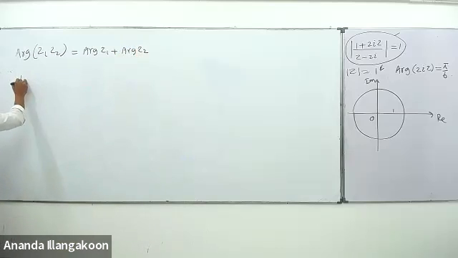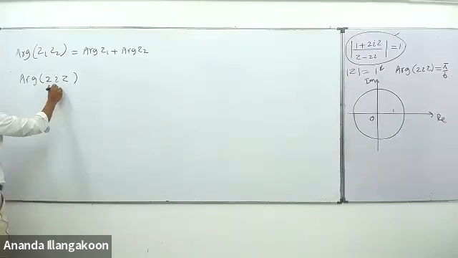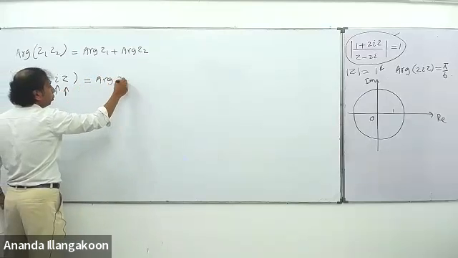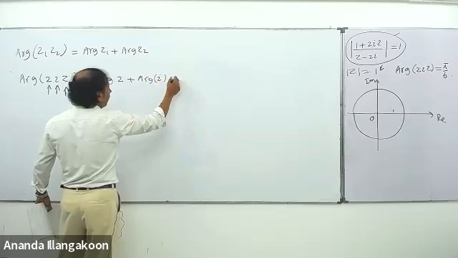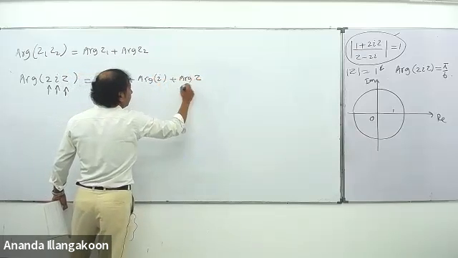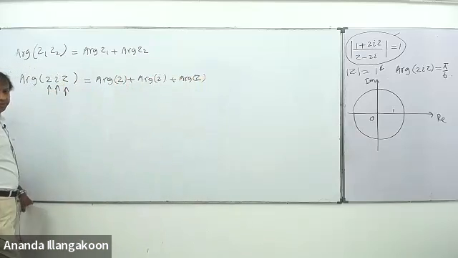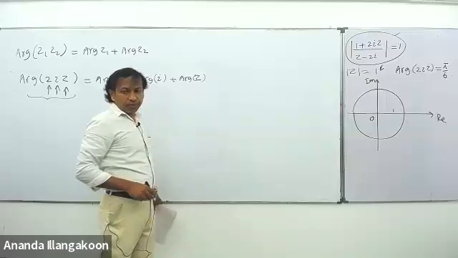Like that, 2i z. 2 is a complex number, i is a complex number, z is a complex number. Then I can write here arg 2 plus arg i plus arg z. This way you can write the left hand side. But this one gives us what? As pi by 6.